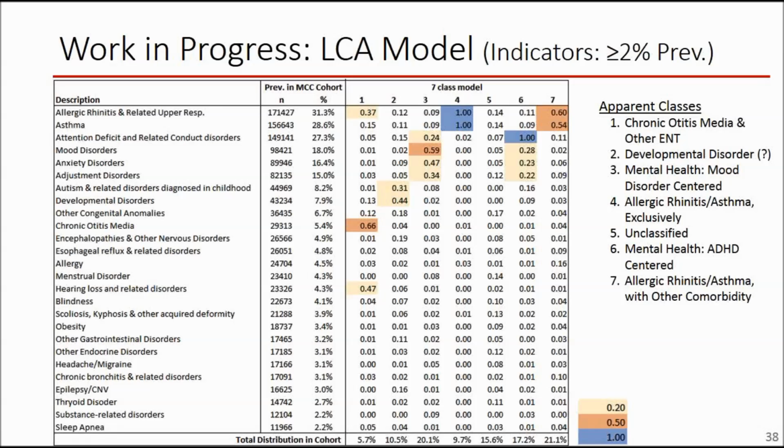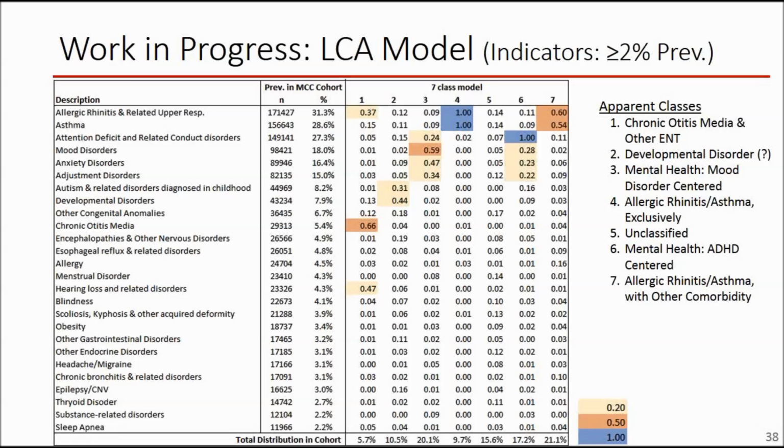So class 1 is chronic otitis media and other ear, nose, and throat. Class 2 doesn't have as clear a signal as others, but seems to be developmental disorders. That's with autism and related disorders, developmental disorders, and then you see upticks on epilepsy and encephalopathies and other nervous disorders. Class 3 is a mental health cluster that seems to be mood disorder centered.